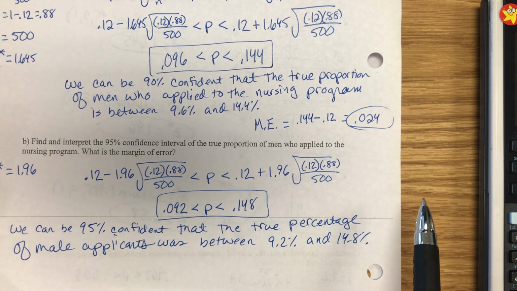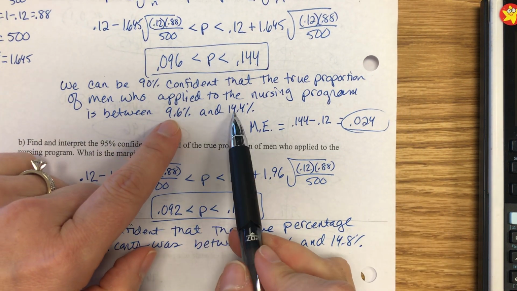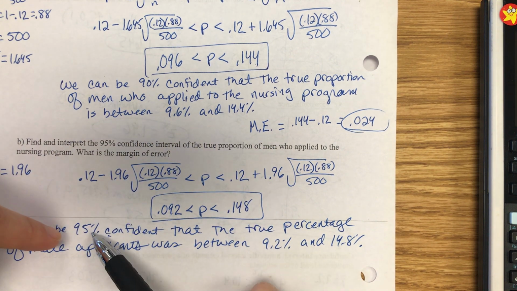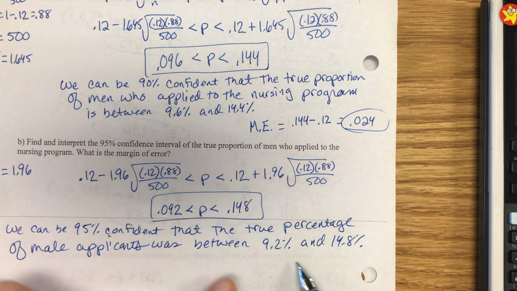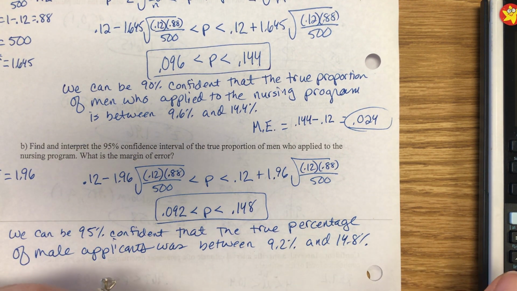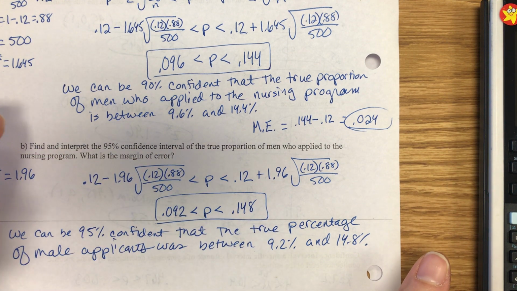Notice it got a little wider, right? This was 9.6 to 14.4. We got a bigger confidence level, and it got a little wider. It went a little farther right and a little farther left.